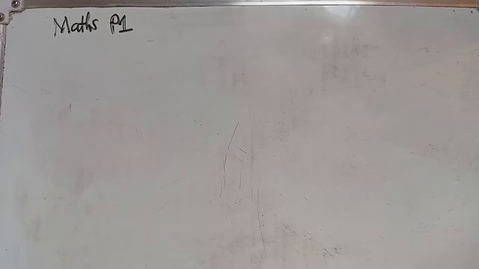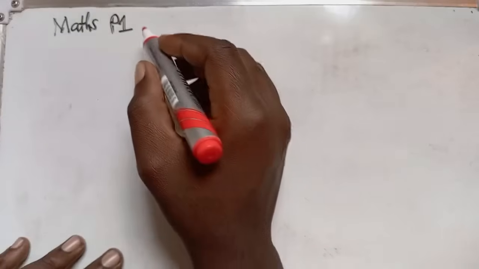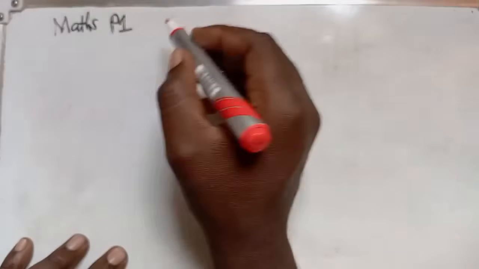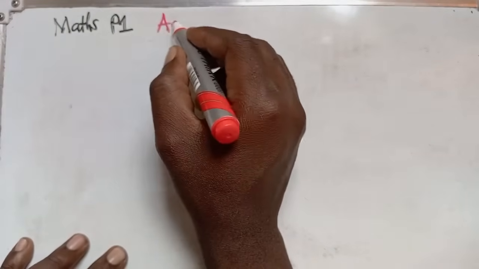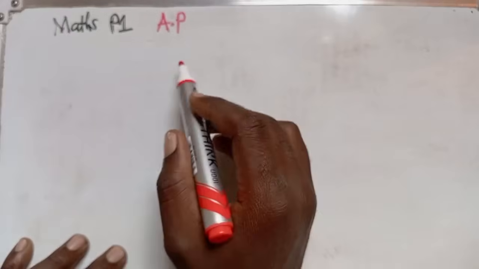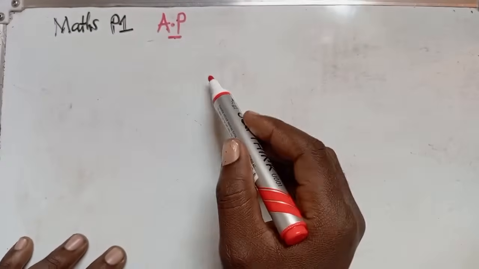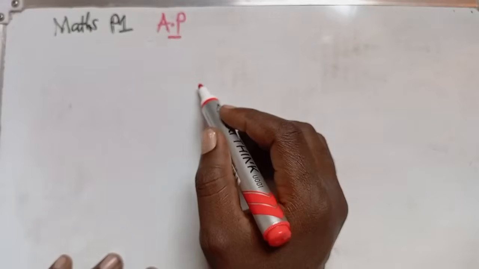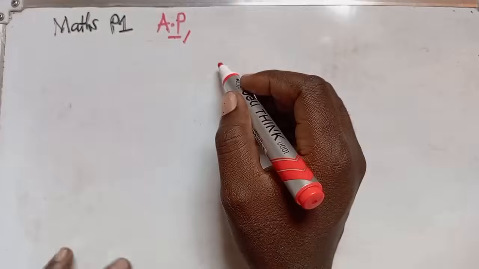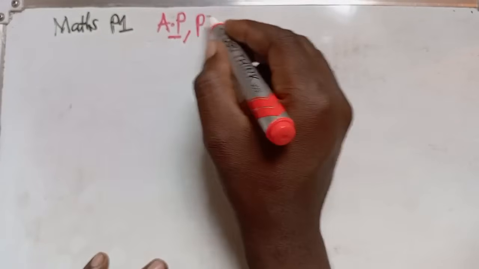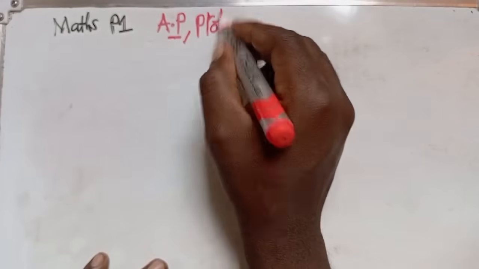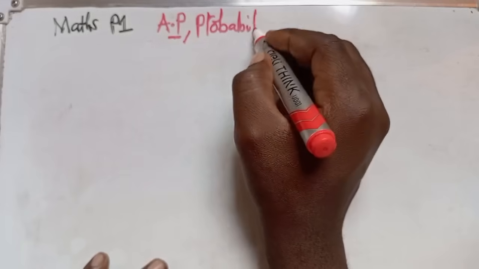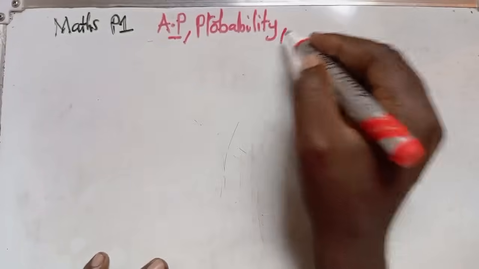Since we are breaking them down, you need to understand that there are questions that come under AP, so you need to know how to solve questions under AP, arithmetic progression. We also need to look at probability, so you need to understand questions under probability.